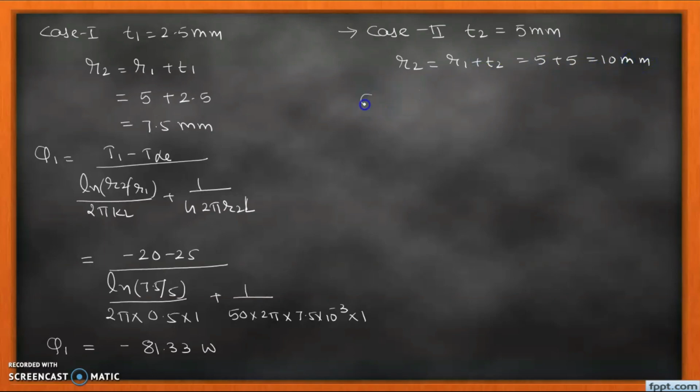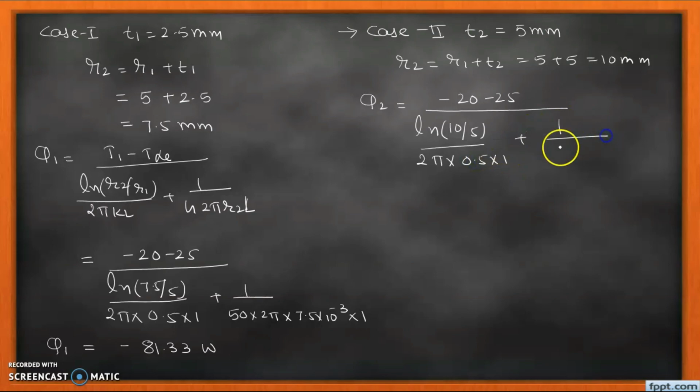So now the value of Q2 is minus 20 minus 25 divided by ln R2, where R2 is 10 and R1 remains constant, that is 5, divided by 2 pi, the thermal conductivity is 0.5 and the length is 1 meter, plus 1 upon H, which is 50, into 2 pi into R2, which is 10 into 10 to the power minus 3, into the length is 1.